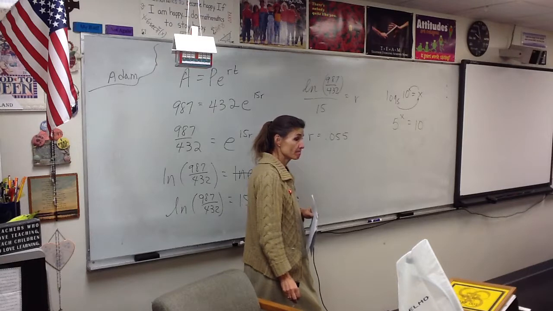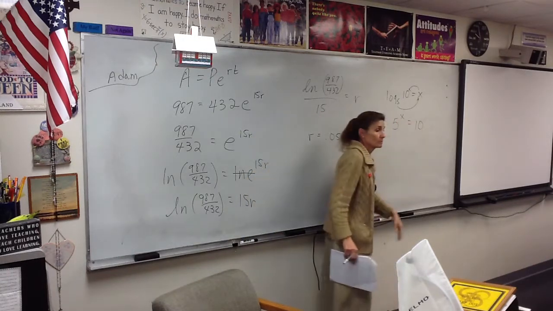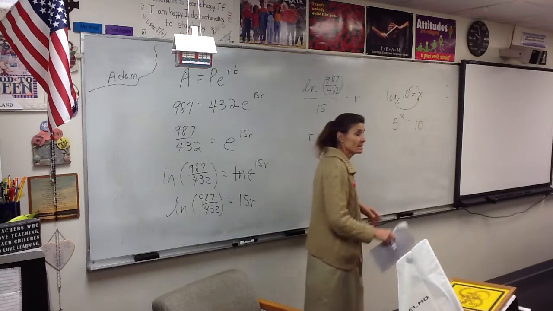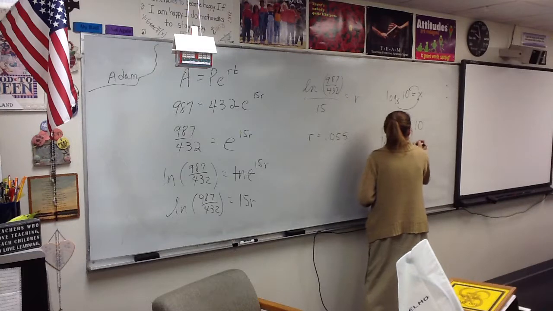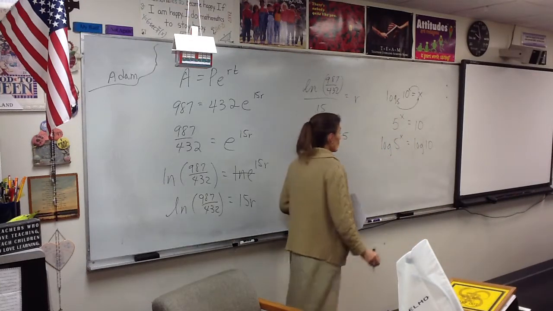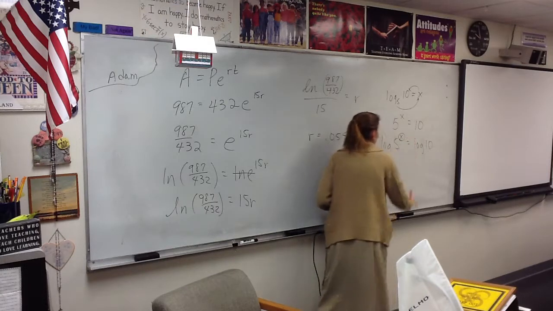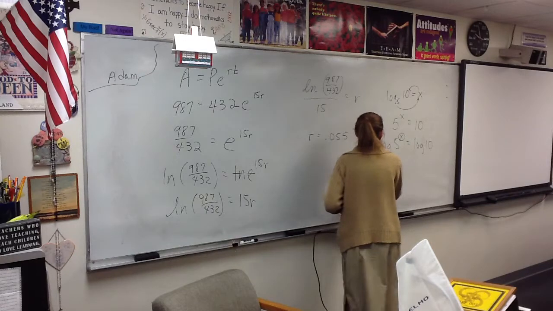Okay? Now, where's my variable? In the exponent. So I'm going to take the logarithm of both sides. What will happen to the exponent when I do that? It moves to the front.